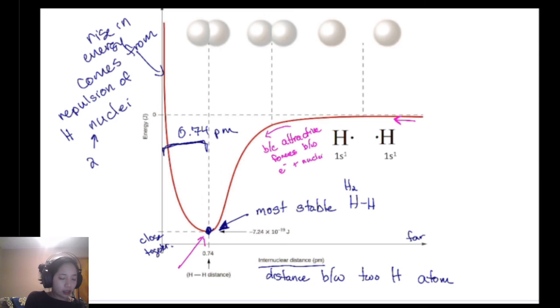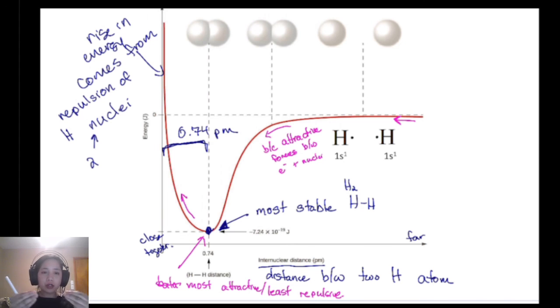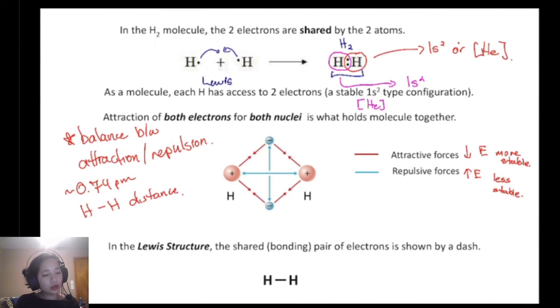And then at the base, at the bottom well of the energy curve, we have a balance, or you can say we have the most attractive and least repulsive forces. But then as we keep going and bring the hydrogen atoms closer and closer to one another, repulsive forces take over.